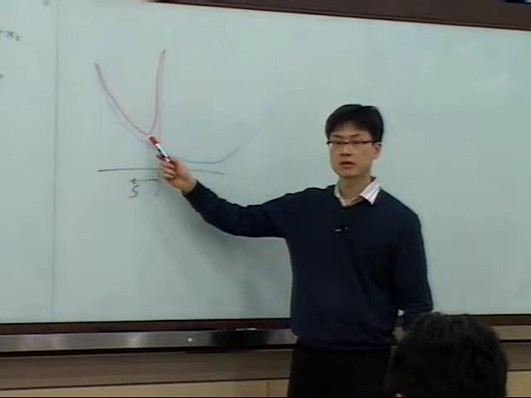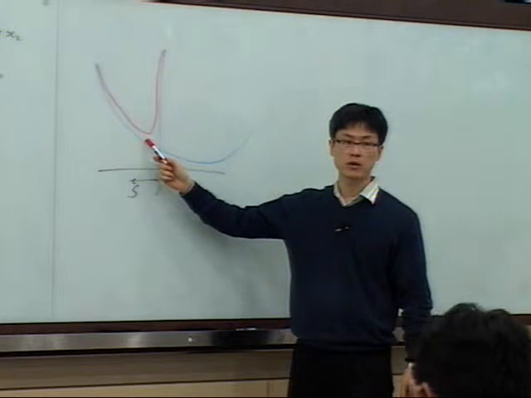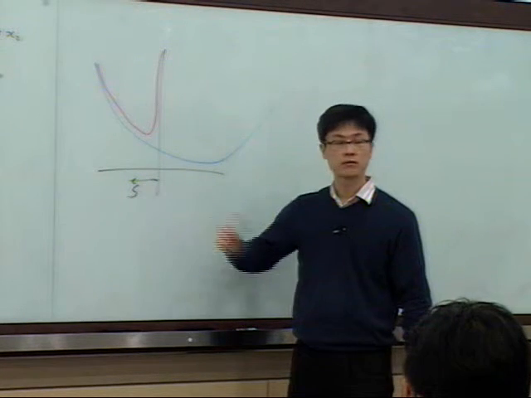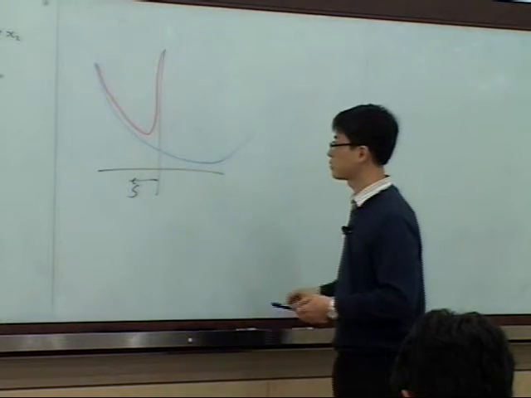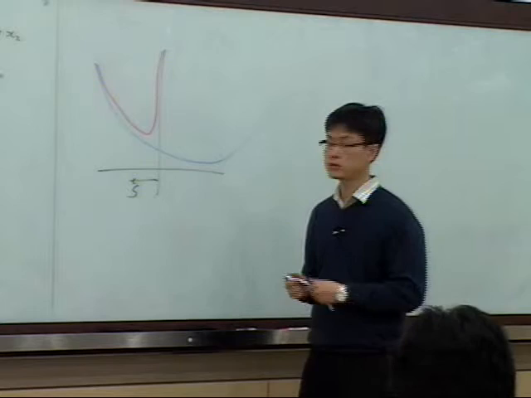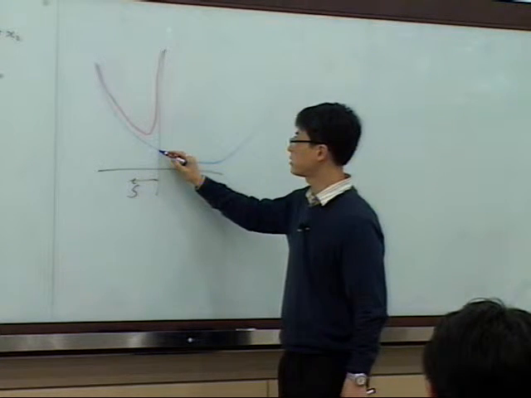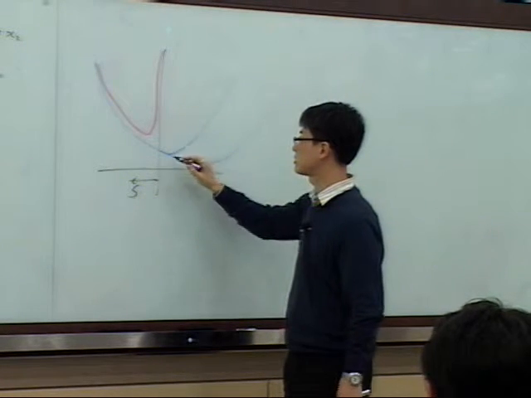Whatever you choose, your local minimum is within your feasible region. But with the penalty method, sometimes your penalty will behave like this.